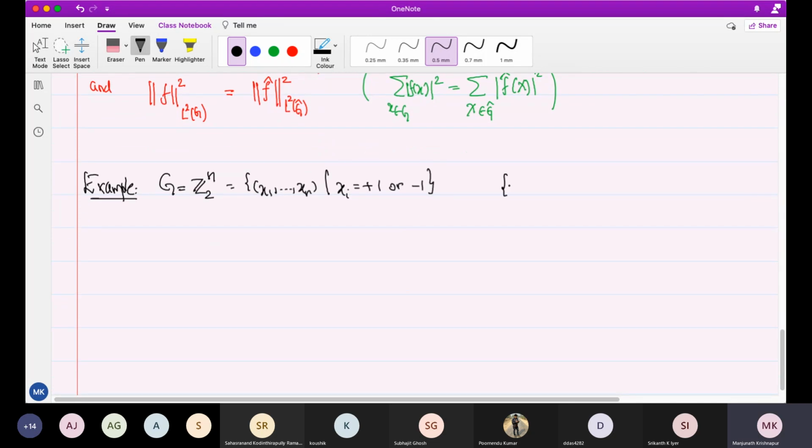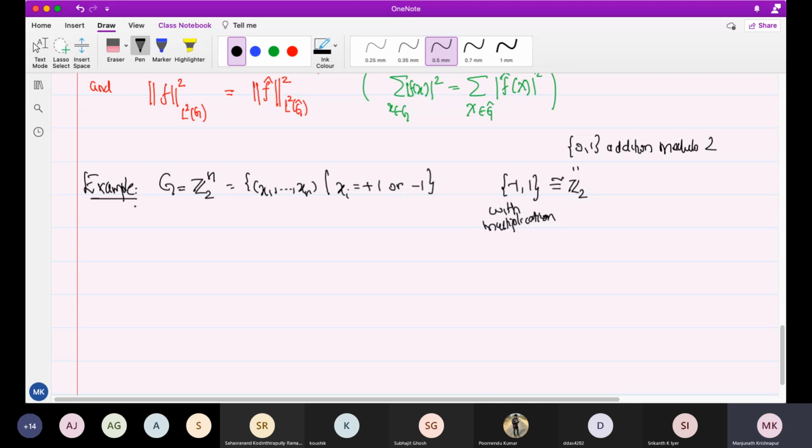Minus 1, 1 is a group with multiplication. When I write Z2, I often use the additive notation 0, 1 with addition modulo 2, but they are the same thing. Here, let me use multiplicative notation.